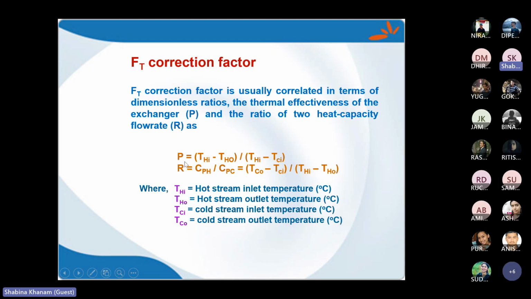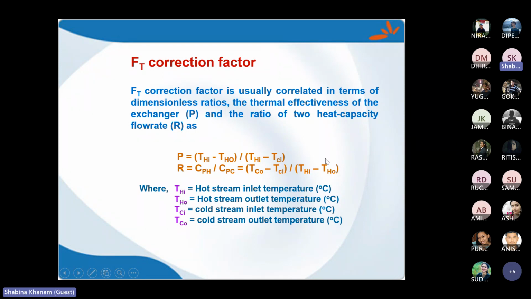Okay, so as I was telling you, in this P you can consider this THI minus THO as TCO minus TCI, right? If you are considering here the temperature difference of the cold fluid, then this R should be CPC minus CPH.